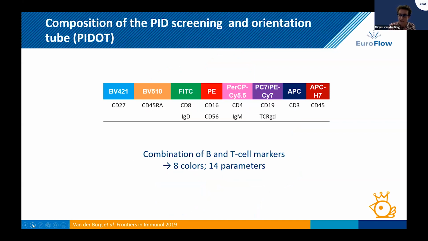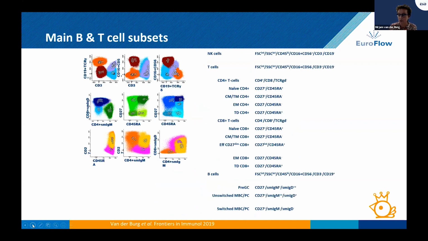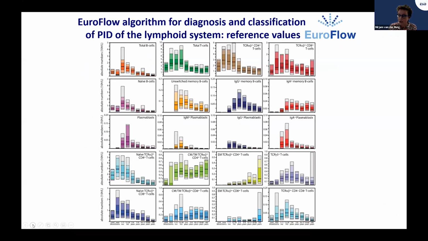What is displayed here is the composition and also the markers we used. You can define several B and T cell subsets, and as a basis for screening of inborn errors of immunity, it can be a great advantage. And you can define the different populations.